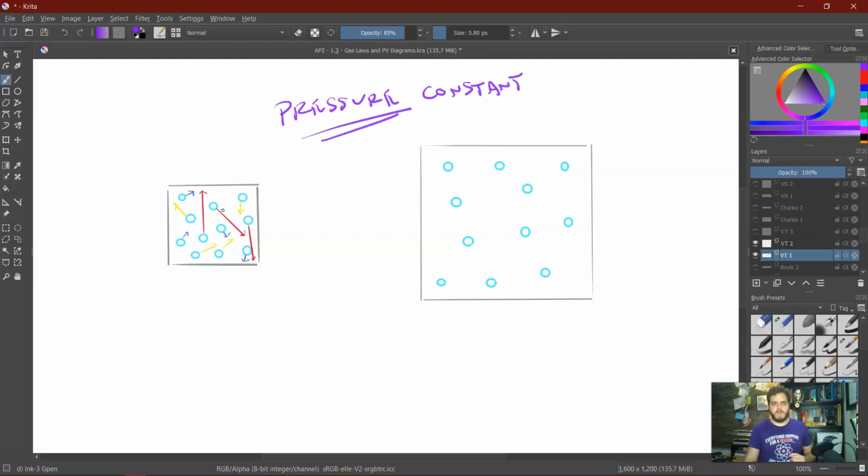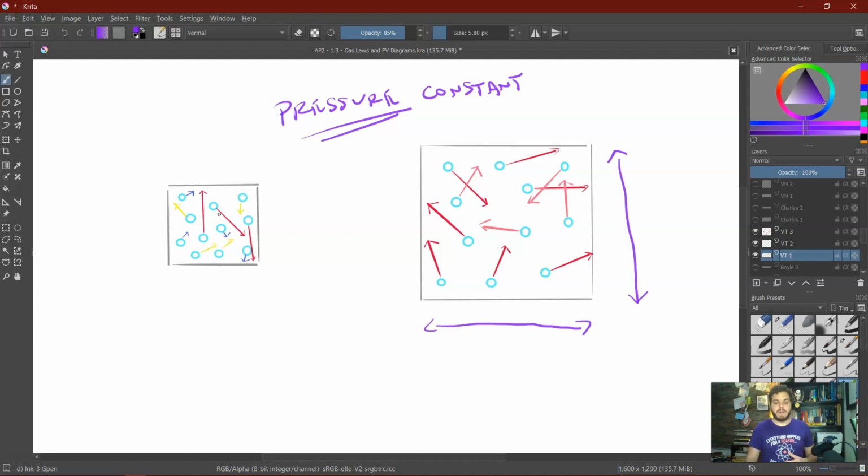If we look between the small box and the big box, if we want this box to have as many collisions with the walls of the container between all the molecules per unit time as we have collisions between the gas molecules and all the walls of the container with this bigger box, well, that means the bigger box must have molecules that are moving much faster because they have to cover a much greater distance to collide with the walls compared to the tinier box. So, as the volume has expanded, and we want the pressure to be constant, we want the molecules to go faster, so the temperature must be going up.